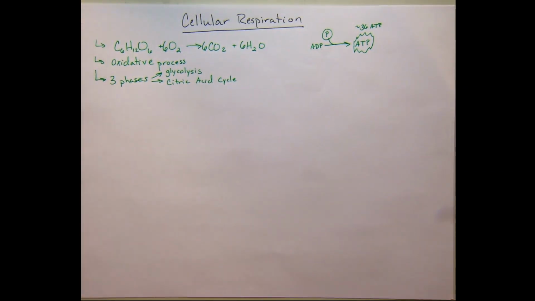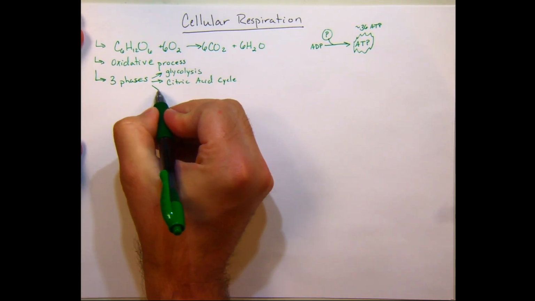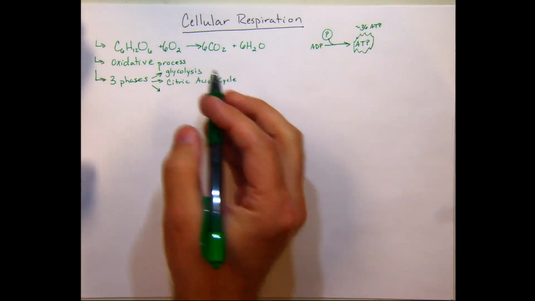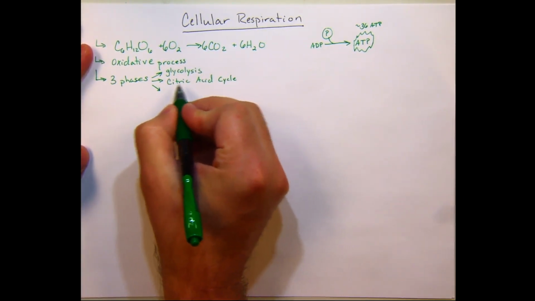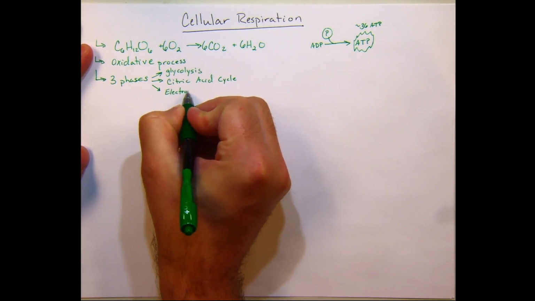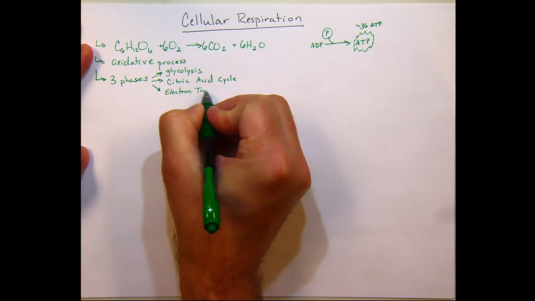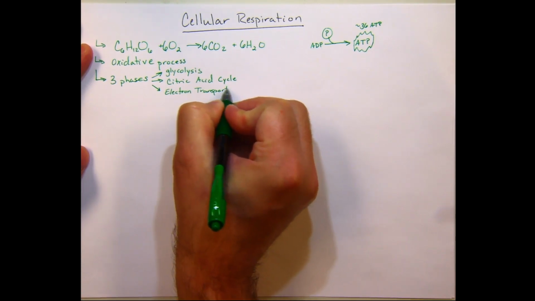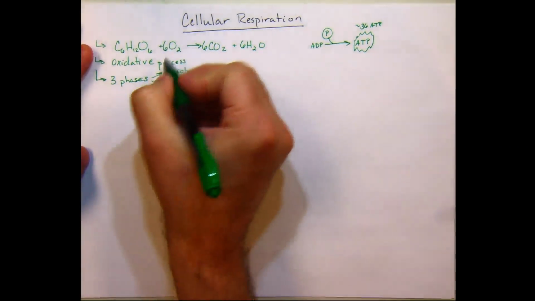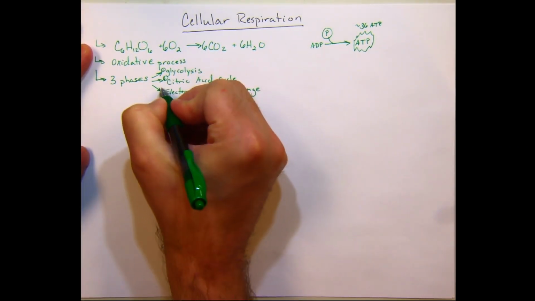It may also be referred to as the Krebs cycle, but that's been phased out a little bit, though you still see Krebs cycle in random books. And the last phase is the electron transport chain. One, two, three.